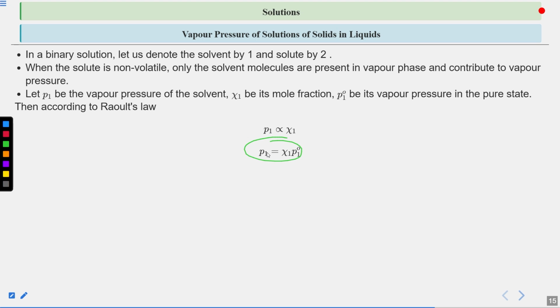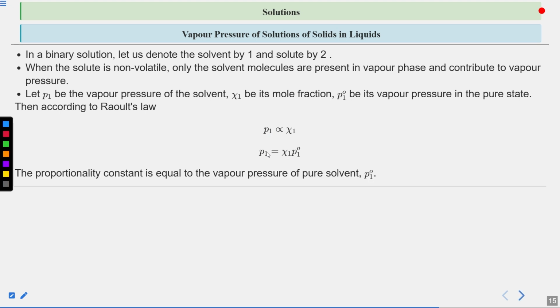Removing the proportionality constant, we have introduced P1⁰, the vapor pressure of the pure solvent 1. So this equation is the same as the equation which was formed in liquid-liquid solutions, but here care should be taken that we are only considering the solvent molecule which is more volatile and not the solid particle which is non-volatile in nature.